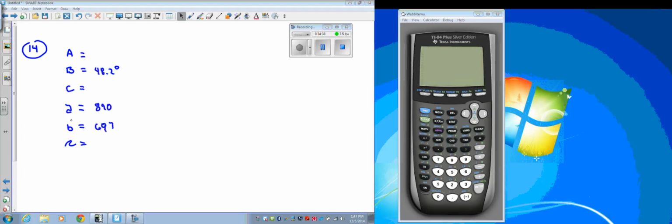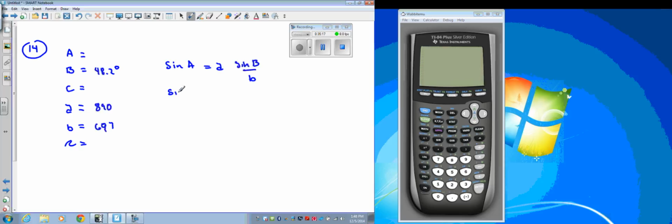Now, because we're given this side, we're going to be able to calculate that angle using the law of sines. So we will do the sine of A. Rather than go through the step where you go sine A over A equals sine B over B, you can move this A up there, because this is what I don't know.